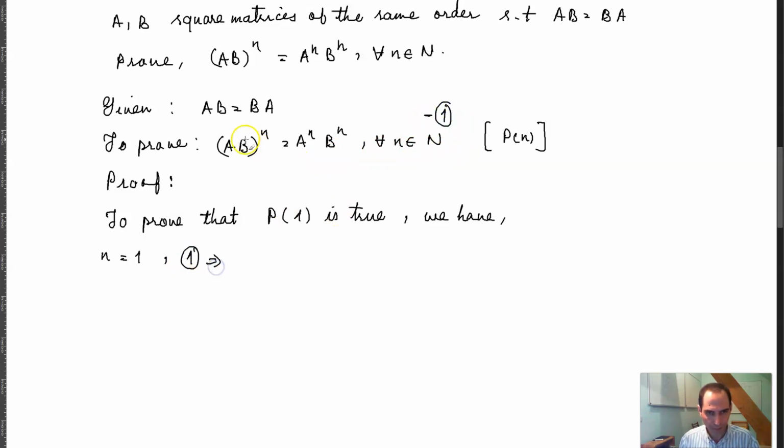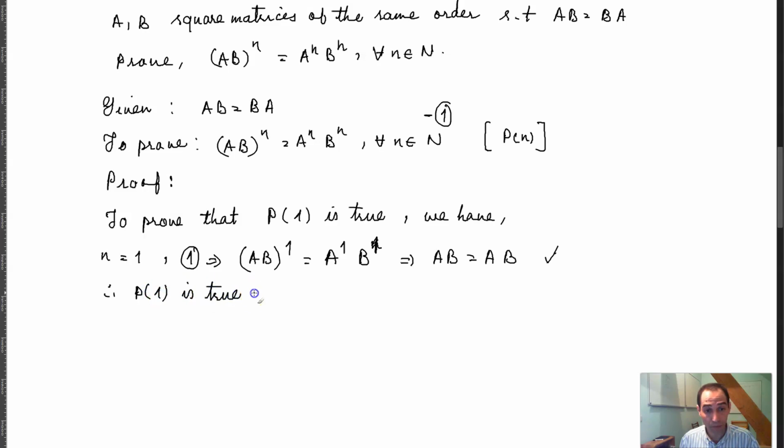In 1 we have (AB) raised to the power 1 is equal to A raised to the power 1 times B raised to the power 1, which means that AB is equal to A times B, which is true. Therefore, P of 1 is true.